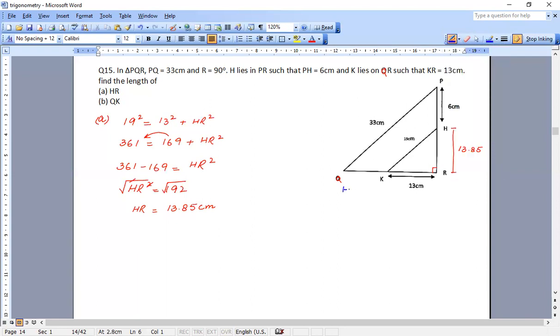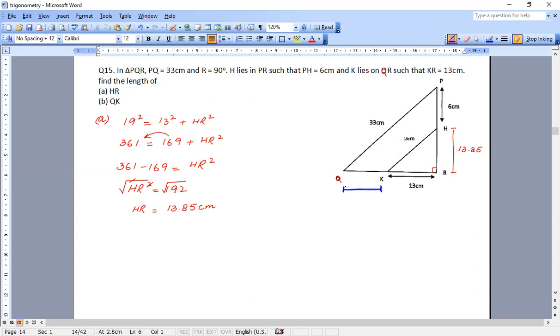This is QK. QK is not the length of a side of a right angle triangle or any kind of triangle. It is a side of the quadrilateral, which we call a trapezium. We cannot find the length of a side of a trapezium using trigonometric ratios or the Pythagoras theorem.